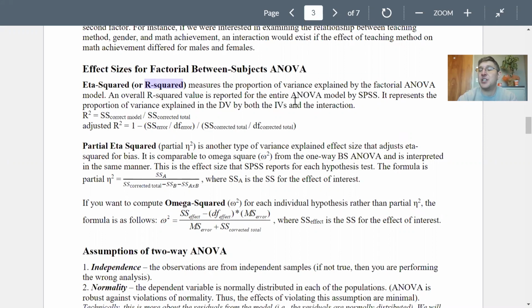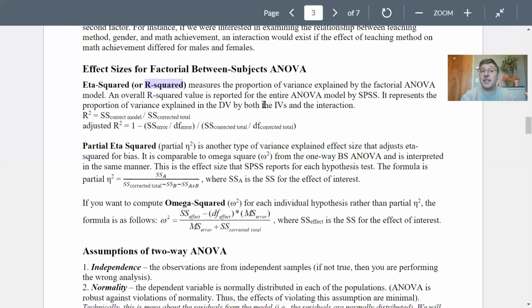It's basically the proportion of variance in our outcome. So if we're using this math achievement, gender, and teaching method example, it would be the proportion of variance in math achievement that's explained by the teaching method, the gender of the student, and the interaction between teaching method and gender. So that would be like an overall eta squared or R squared, using regression terminology, for the entire model.